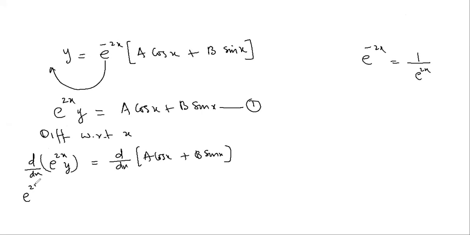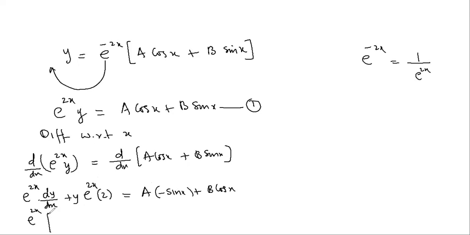So apply product rule: e raised to 2x into derivative of y plus y into derivative of e raised to 2x, e raised to 2x into derivative of 2x, equal to a into minus sin x plus b into cos x. e raised to 2x common: dy by dx plus 2y is minus a sin x plus b cos x.